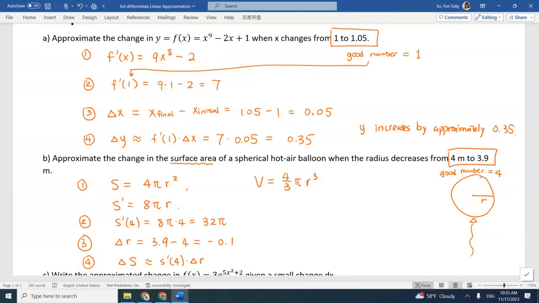Is that okay, everybody? The derivative times change of r. S prime of 4 is 32 pi. We multiply by negative 0.1, so we get negative 3.2 pi. Could you put this in a calculator and give me 3 decimal places?